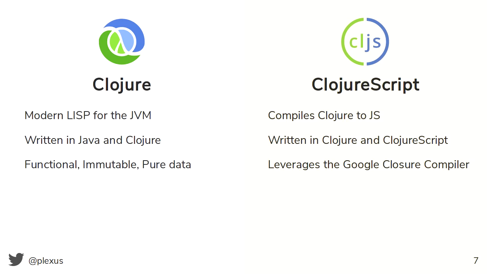So Clojure is a modern Lisp for the JVM, for the Java Virtual Machine. It's been around for over 10 years. And Lisp, of course, is a family of programming languages that goes way back to the 50s. So probably the longest still active branch of programming languages.